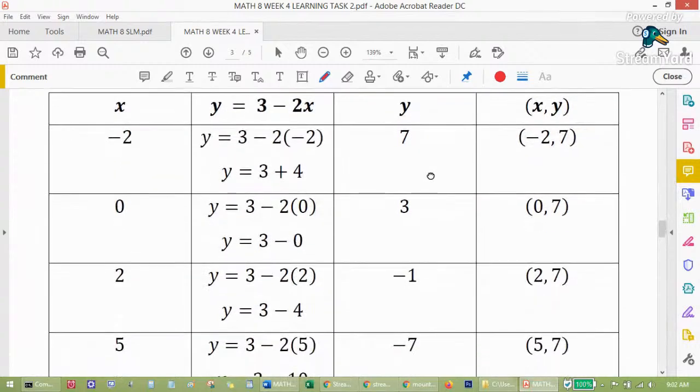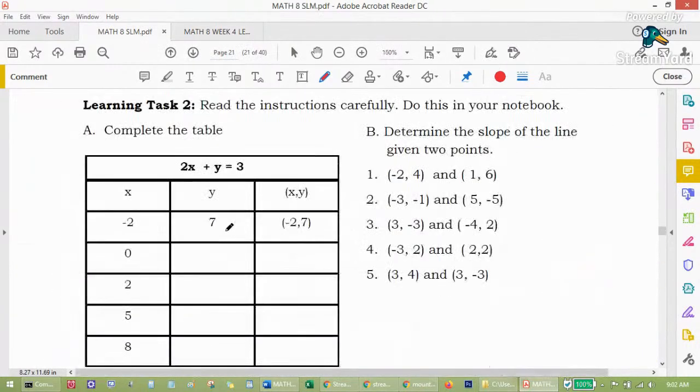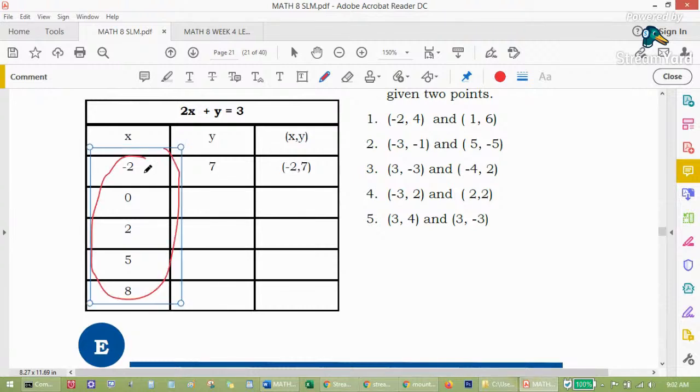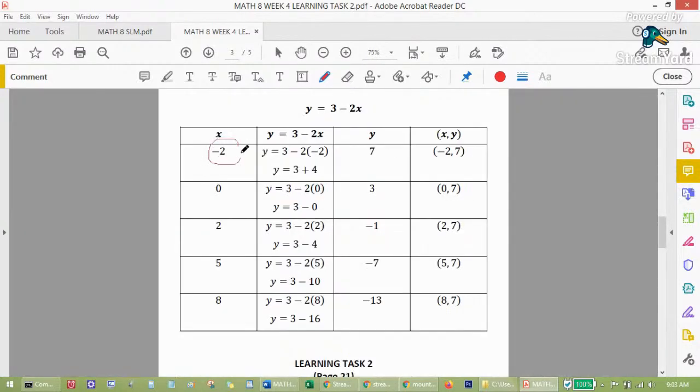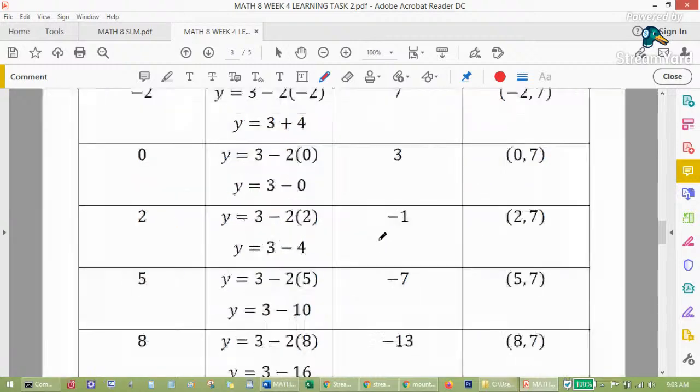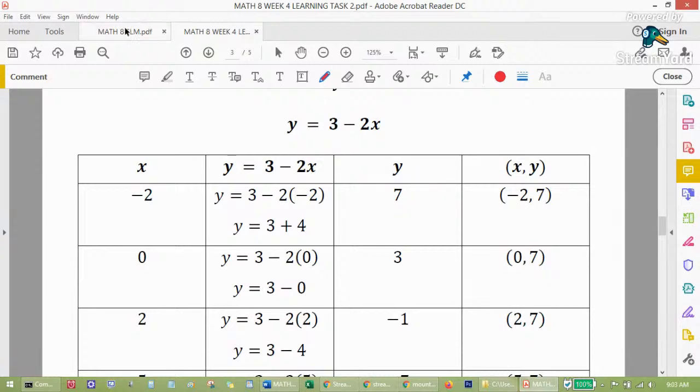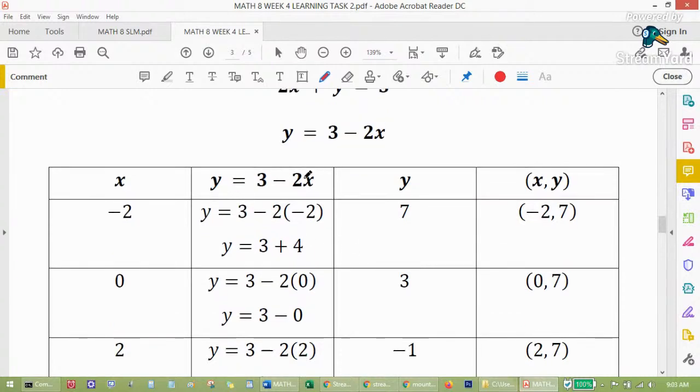So, according to the given, meron na tayong mga values ng x, negative 2, 0, 2, 5, 8. Yung first ay binigay na sa atin, 7. Okay, paano kinumpute yun? So, ito yung equation natin. Pag pinalitan mo ang x ng negative 2, kokopyahin mo lang yan.